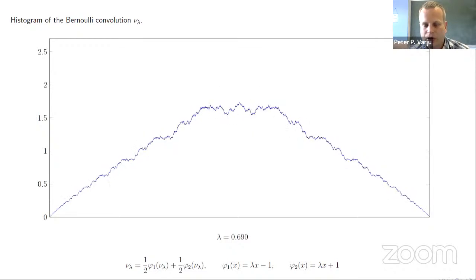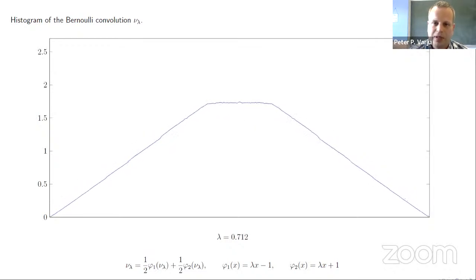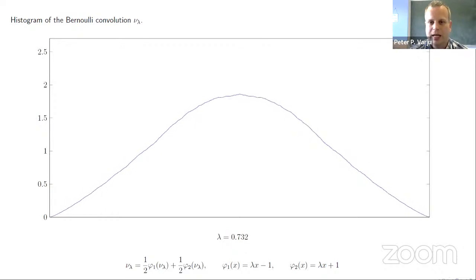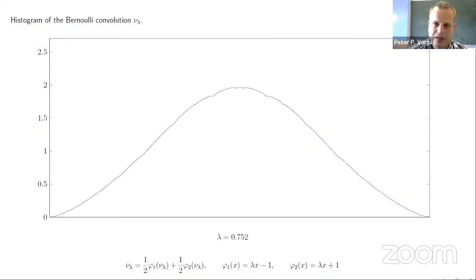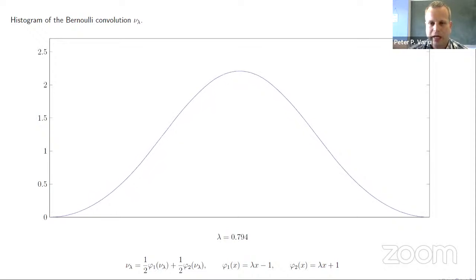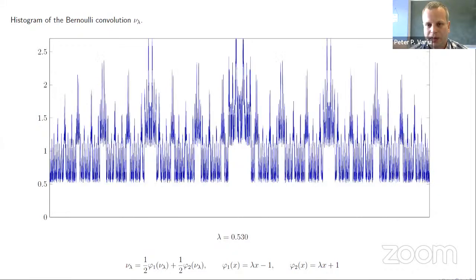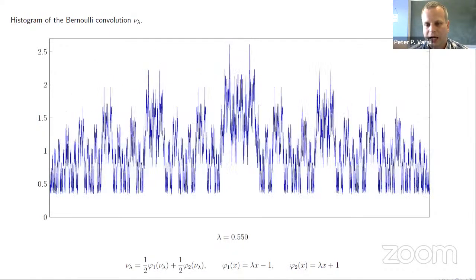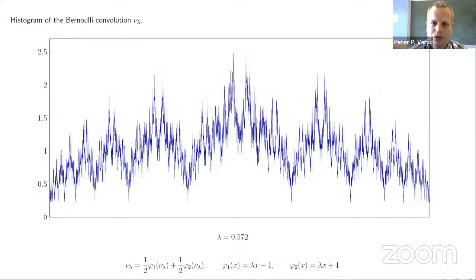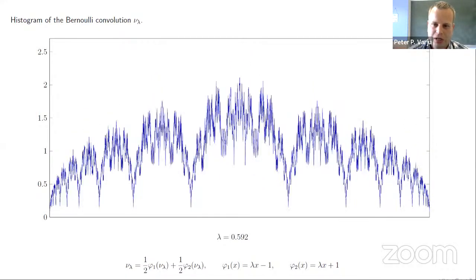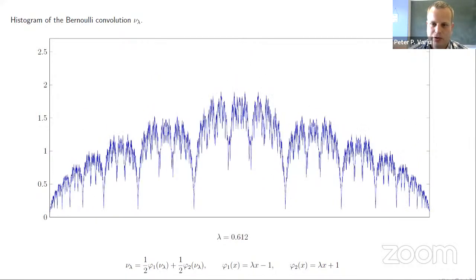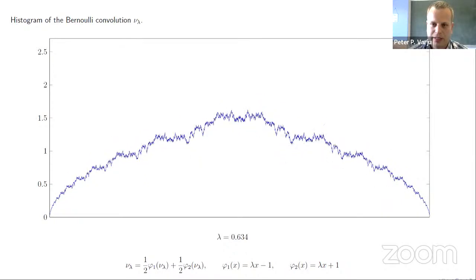So broadly, what you can see in this animation is that it starts out very oscillatory, and then as lambda gets closer to 1, it starts to behave smoother and smoother, and when lambda is very close to 1, it really looks like a Gaussian, which is I guess the point where the central limit theorem really kicks in.